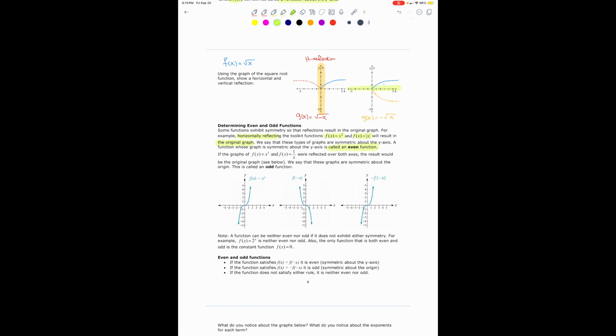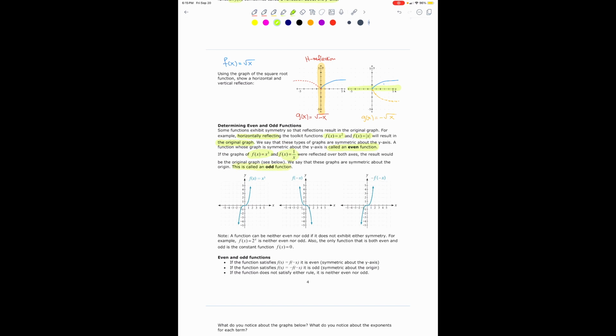If the graph of f of x equals x cubed and the graph of f of x equals 1 over x were reflected over both axes, the results would be the original graph. See the pictures below. We say these graphs are symmetric about the origin, which is also called an odd function.